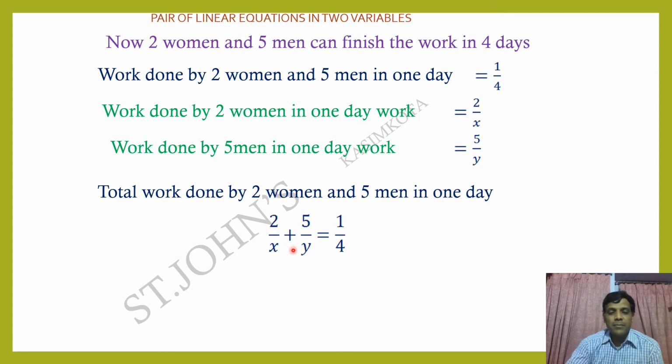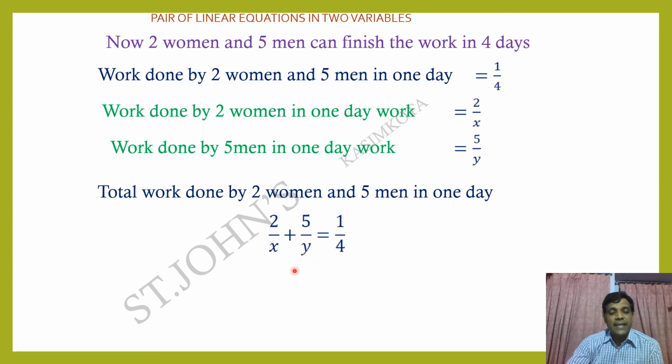Are you clear? 1 woman's work in 1 day is 1 by X, 2 women 2 by X, 1 man 1 by Y, 5 men 5 by Y. So the 1 day's work is 2 by X plus 5 by Y equals 1 by 4. What are the reduction terms here?